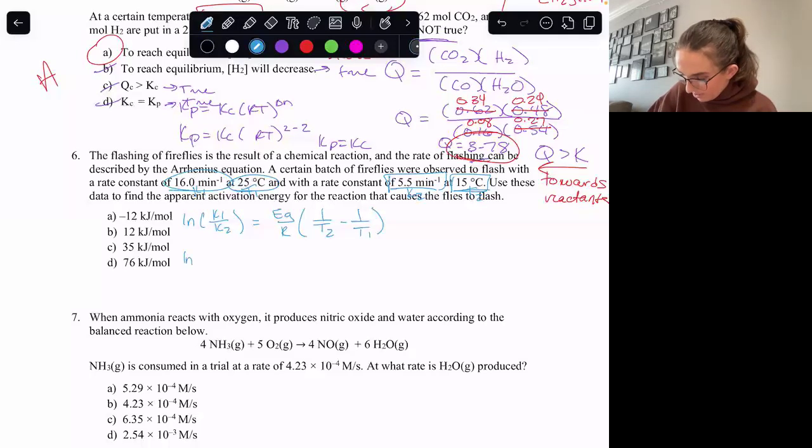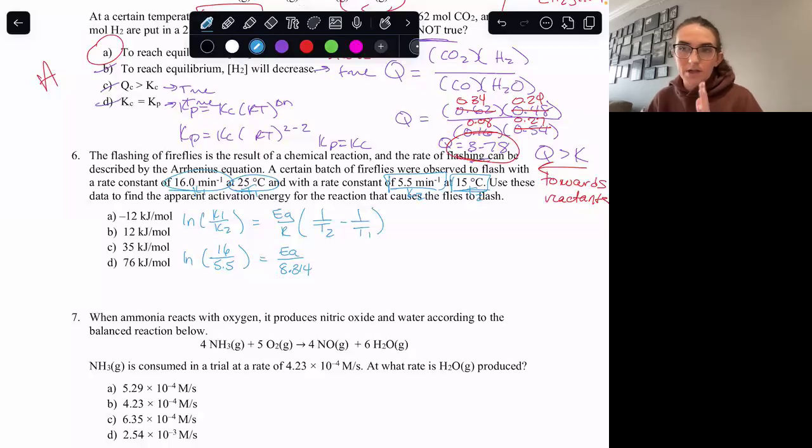So you can do ln of 16 over 5.5. And we're looking for the activation energy, so we're going to use EA as our X, and we're going to use 8.314 as our R value here, because we're looking for something in energy, which is joules.